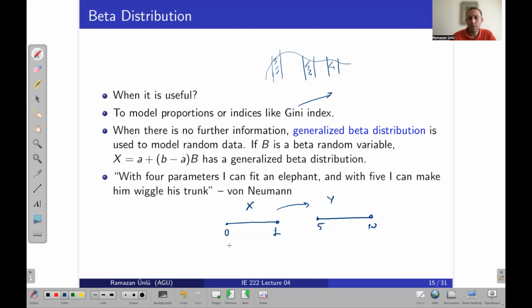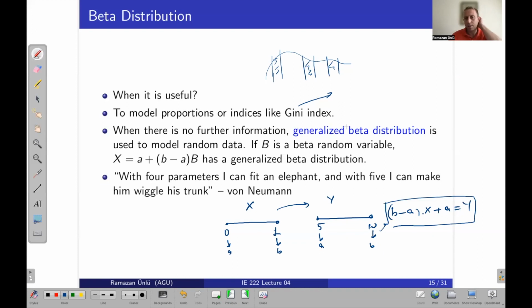How? That corresponds to A, that corresponds to B, that corresponds to A, and that corresponds to B. So simply B minus A for this one times X plus A will give us the Y. Okay, so that will be the generalized version of the standard uniform distribution. And here, it is the same thing. We can generalize the beta distribution.